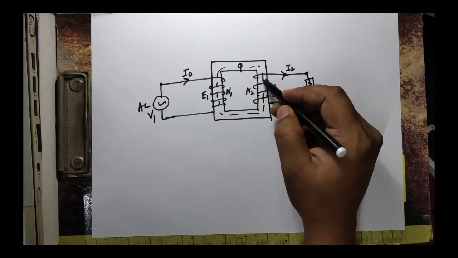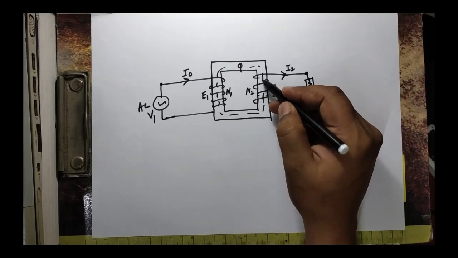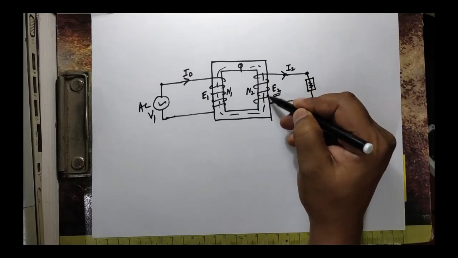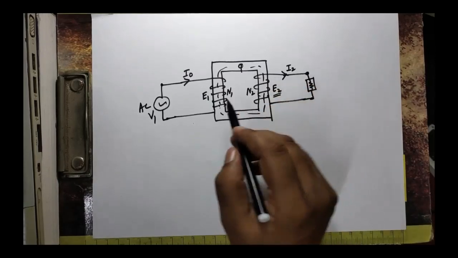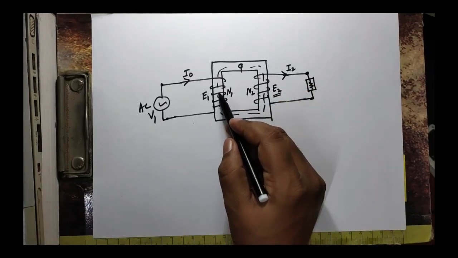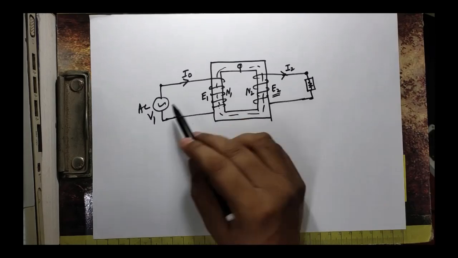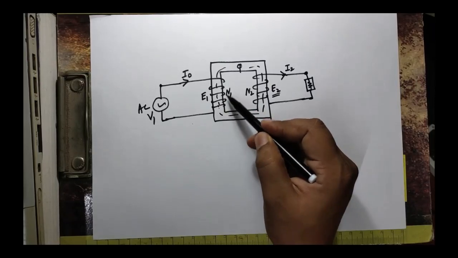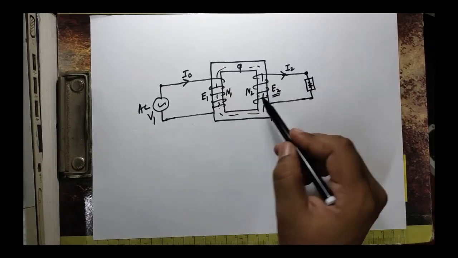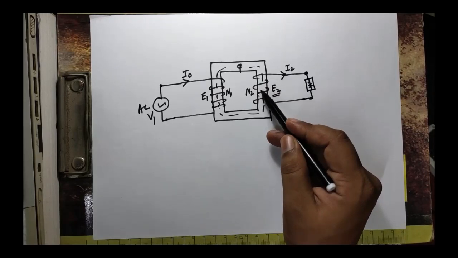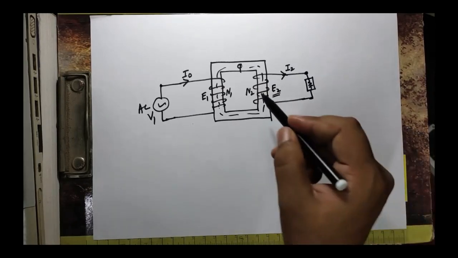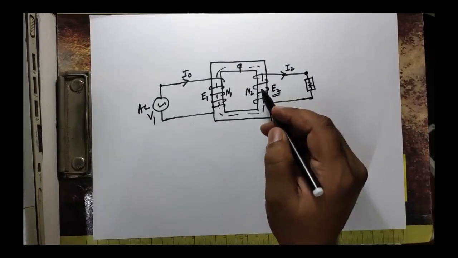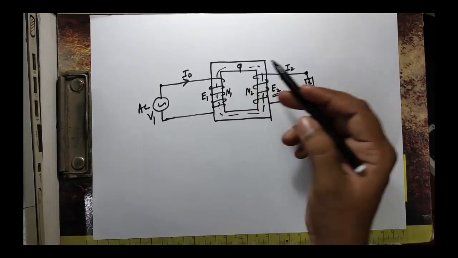An alternating field will develop due to the current flowing through this secondary coil, right? Just like in the primary coil, a current was set up by this source and a magnetic field was set up due to the current flowing through this coil. So likewise here also, since I2 current is flowing, flux will be set up, and this flux will, according to Lenz's law, oppose this main flux, right?